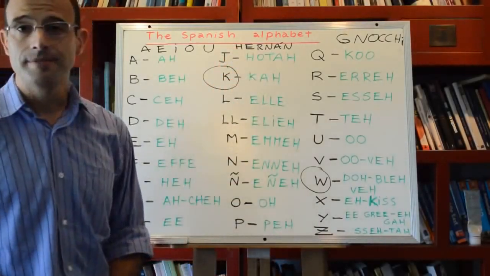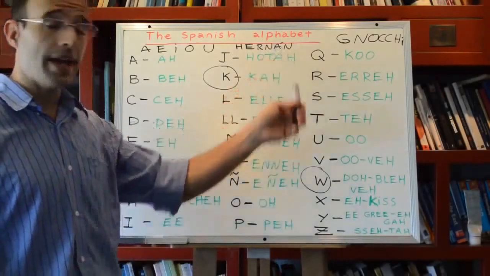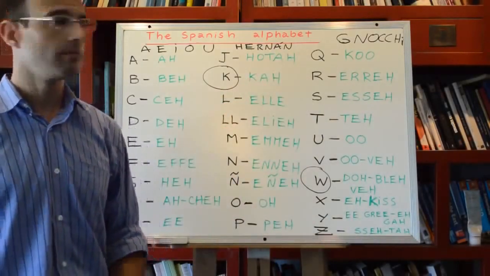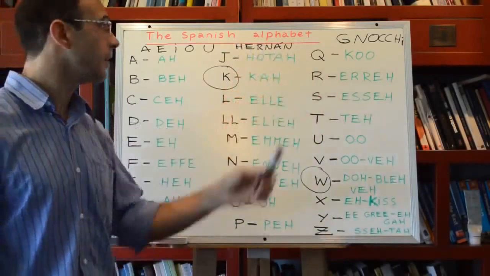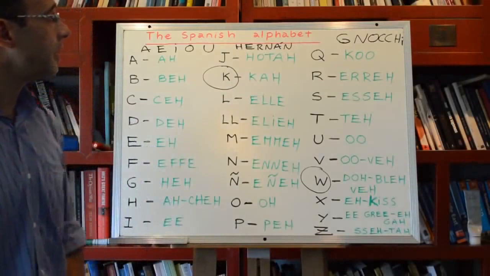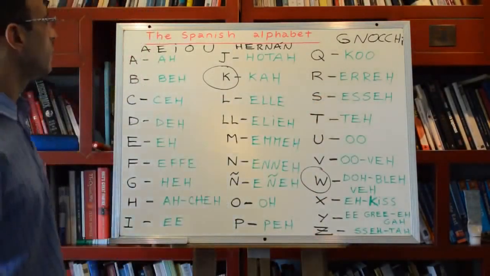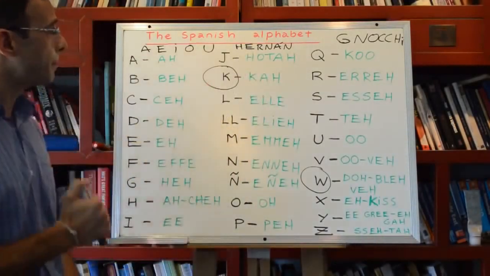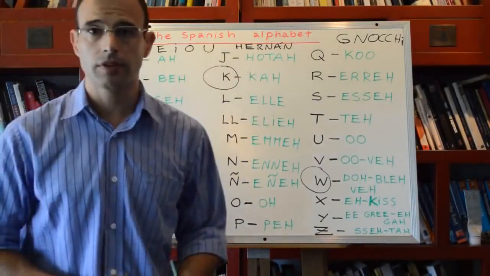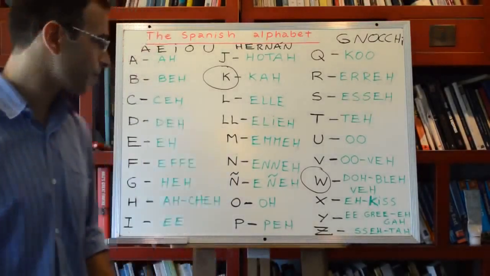The letter E is flat, E. The letter A is flat, A. Hernán. The N is typical N, and the R, I'll talk about the R in a minute, okay? So keep in mind, try to pronounce all vowels super flat in Spanish.